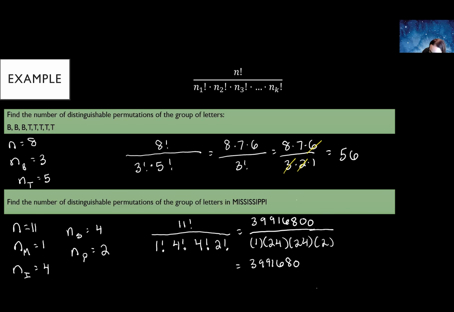The denominator, when you multiply it, becomes 1,152. So our final number is 34,650.